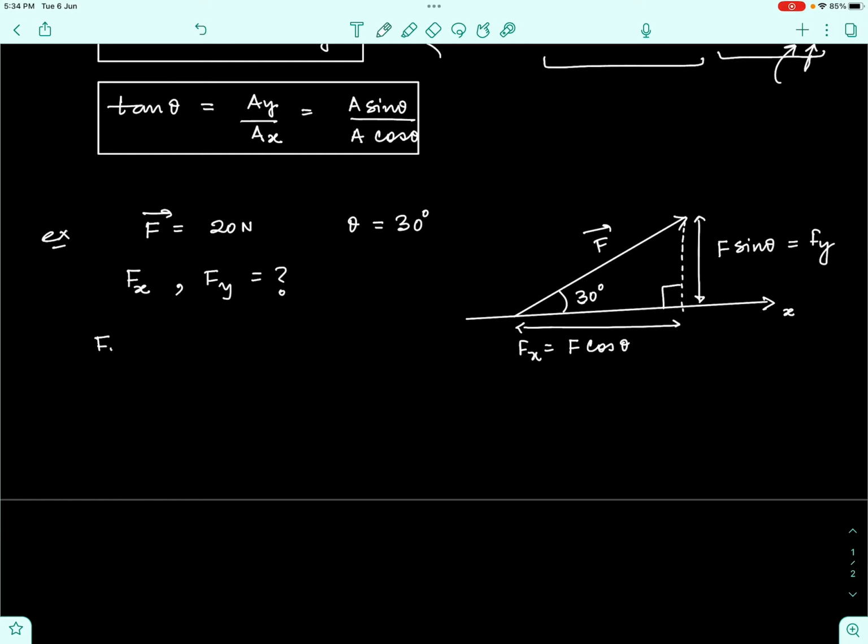Here Fx will be F cos theta, which will be 20 cos 30 degrees. We can substitute the values. Cos 30 is root 3 by 2. So, this will give us 10 root 3 newtons as the answer. Whereas Fy, the y component, which is F sin theta in magnitude, will be 20 sin 30, and sin 30 is 1 by 2. So, this will be 10 newtons.